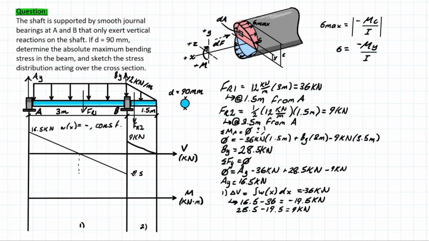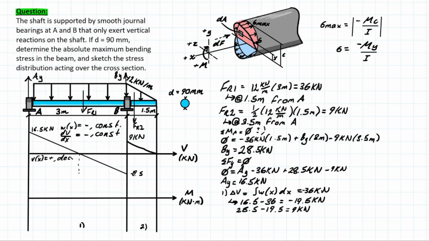And remember for our moment rules that for a Wx that is negative and constant, we're going to have a slope for the shear force diagram that is negative and constant, which is exactly what is being shown for this entire length here.